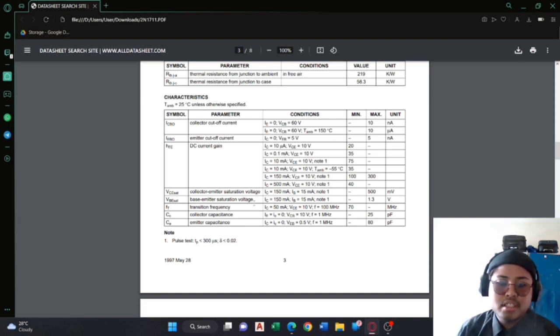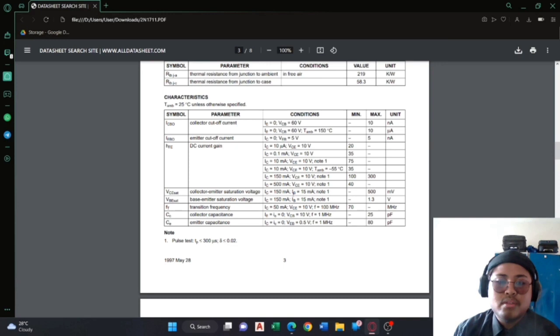From here we can conclude that we have two values, and one IC-SAT is for 150 milliampere, which is the lowest point of our VCE-SAT. That means this is our IC-SAT.